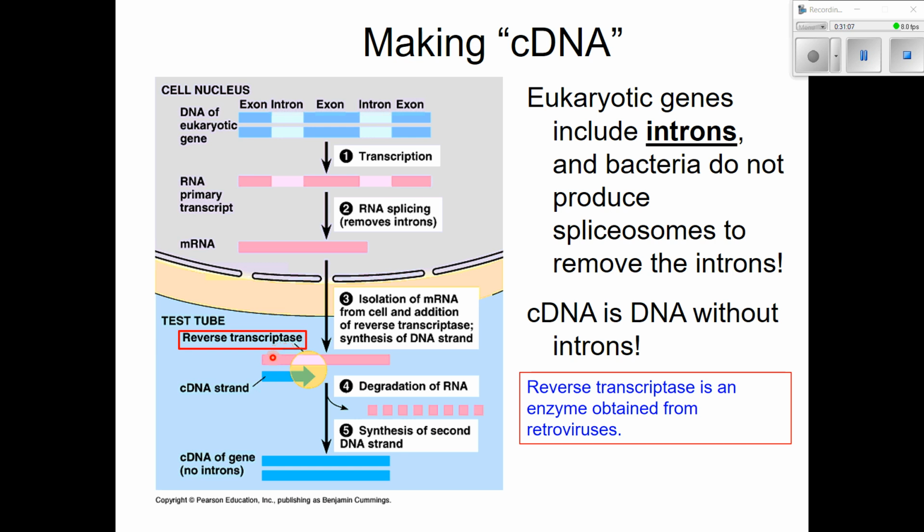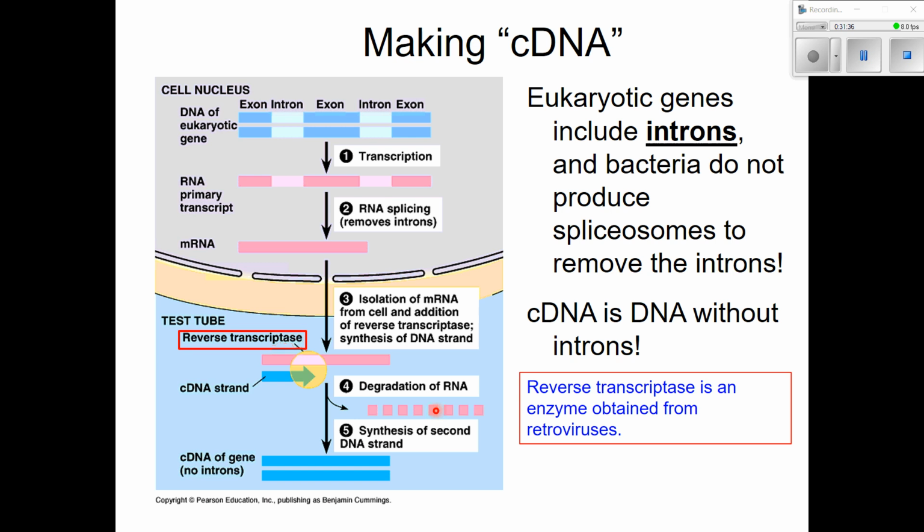If there's a U on the RNA, it puts down an A, G, C, C, G, you know, it's transcription in reverse. That makes a single strand DNA copy that has the same information as this edited messenger RNA. Then there's another enzyme that is added to the test tube to basically chop up this little piece of RNA and get rid of it. It's called degradation of the RNA.